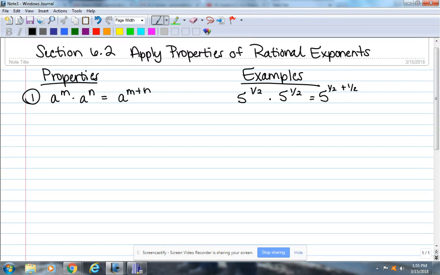So if I add the 1 plus the 1, I get 2 over 2, which is 1. Does that make sense? So it's 5 to the first power, which equals 5.